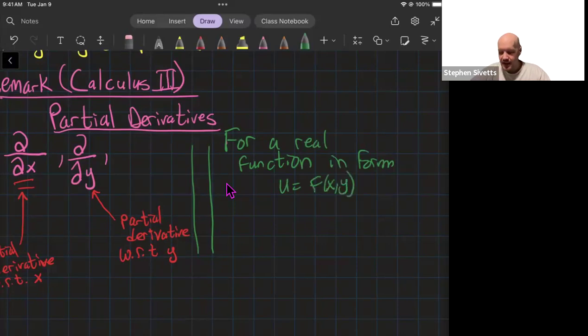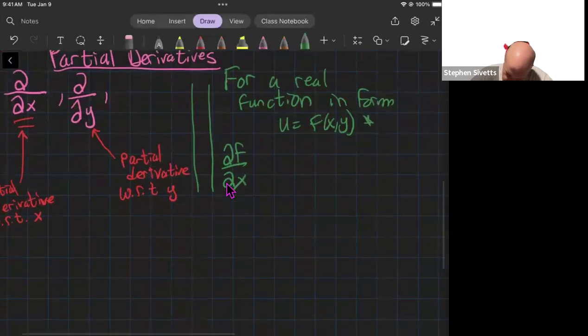All right, so what I'm saying here is that f is a real function with two variables, x and y. Okay, so the definition of this quantity, the partial of f with respect to x, this is how you would read this: the partial of f with respect to x. Okay, this equals this limit here.